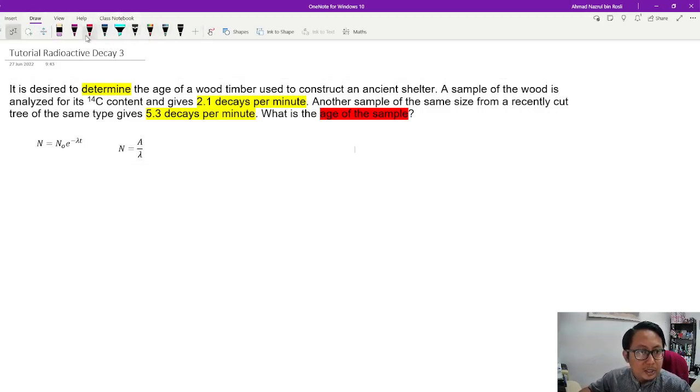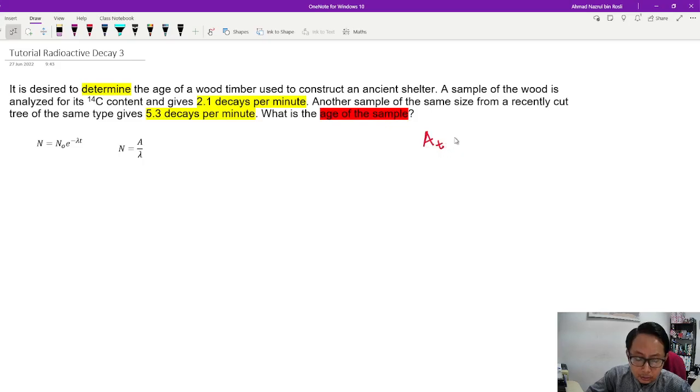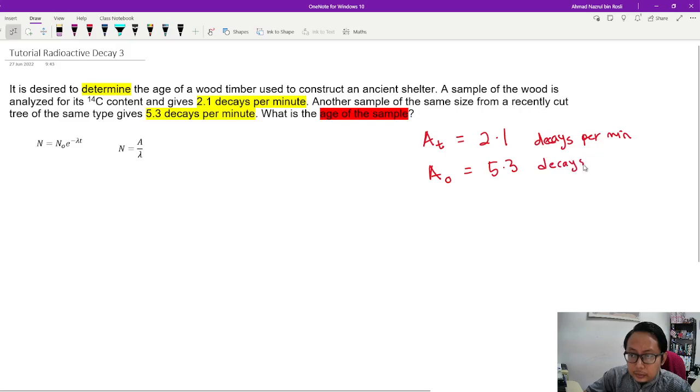So the information that we can put here: the activity at t, which is something we will try to find, is equal to 2.1 decays per minute. And this one we call A naught, 5.3 decays per minute.